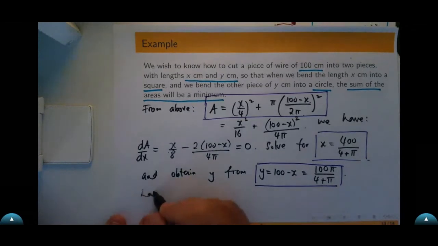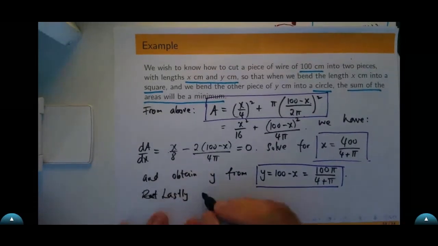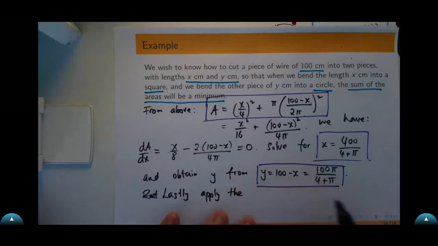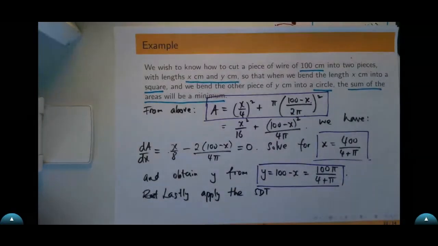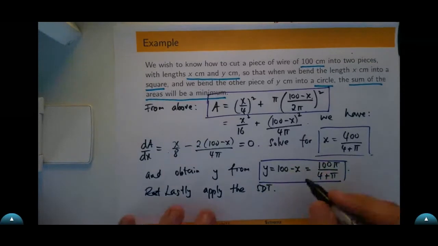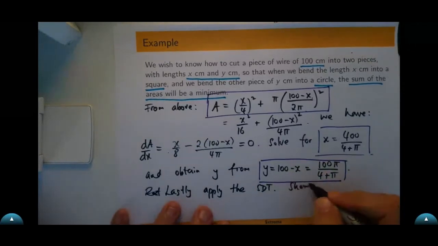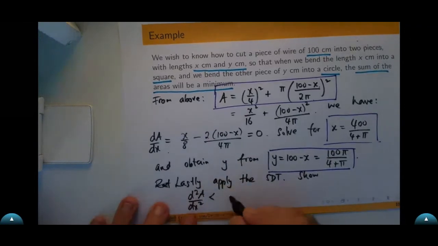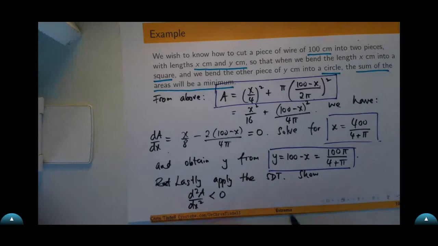Lastly, we want to apply the second derivative test. The idea is to show that d squared A dx squared is negative.